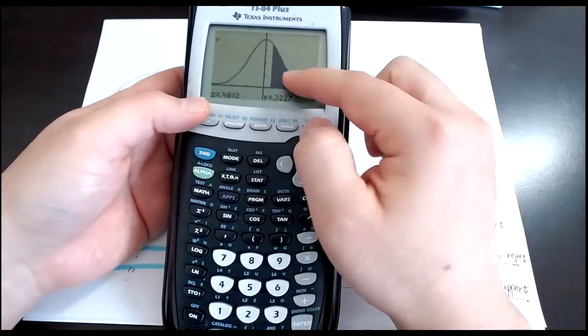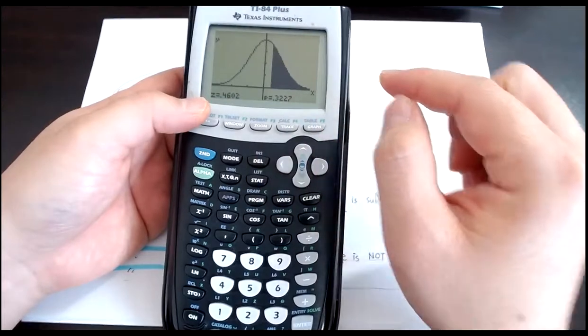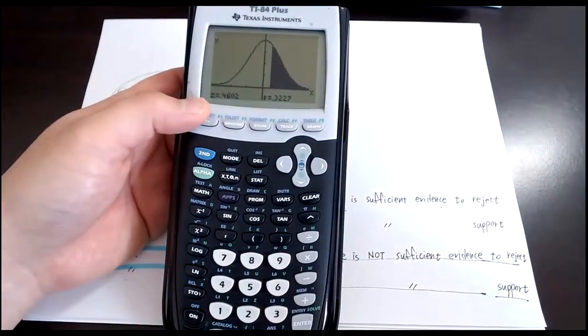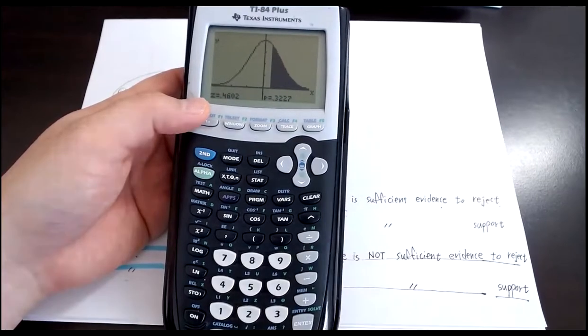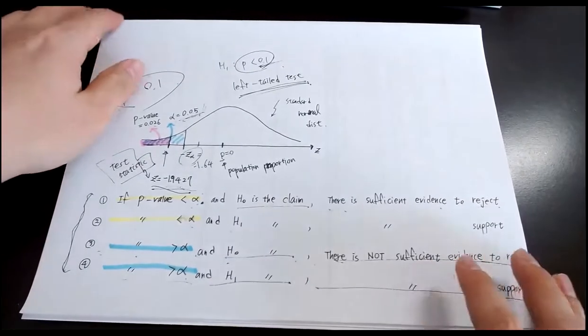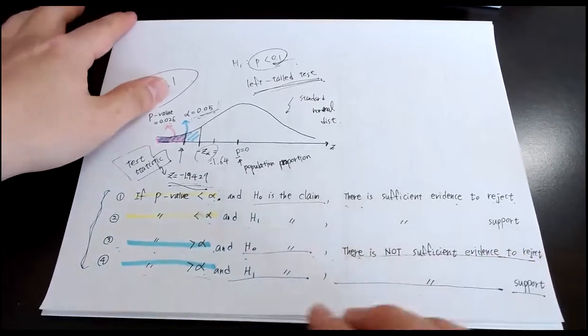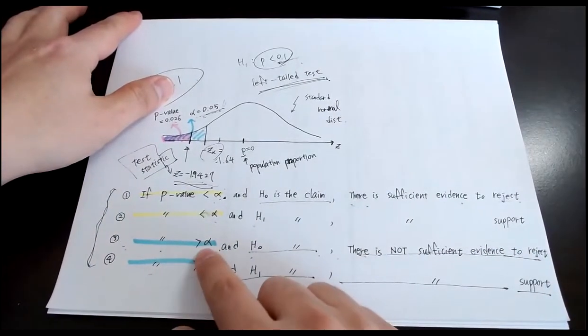Now, why do we get the shaded region on the right side? Because the alternative hypothesis is p is greater than 0.25, so we have to apply the right-tail test. The p-value, which is 0.3227, is greater than alpha 0.05.